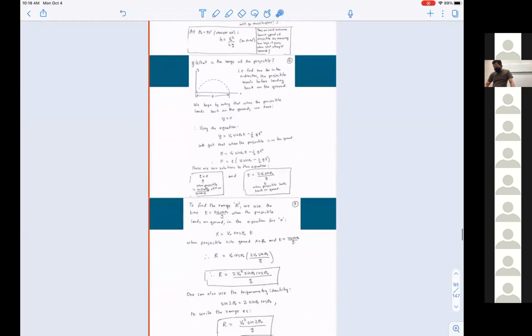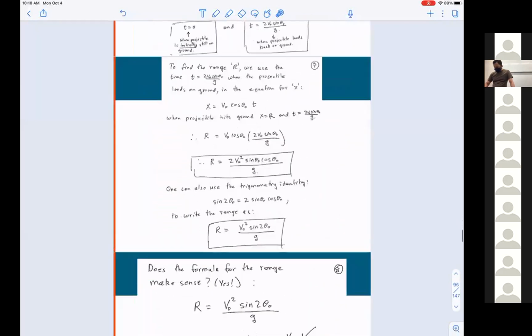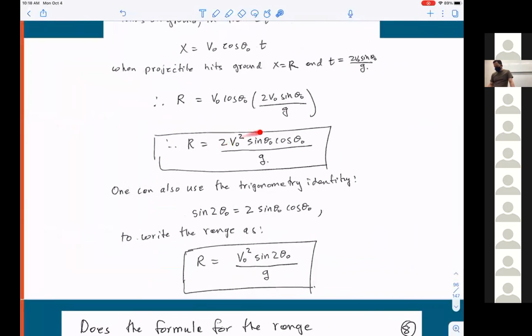Okay. By the way, this is that range formula that we just derived. That is the range. You give me the initial launch speed and the angle. It turns out that there's a trigonometric identity that the sine of 2 theta naught is the same as 2 times sine theta naught cosine theta naught.